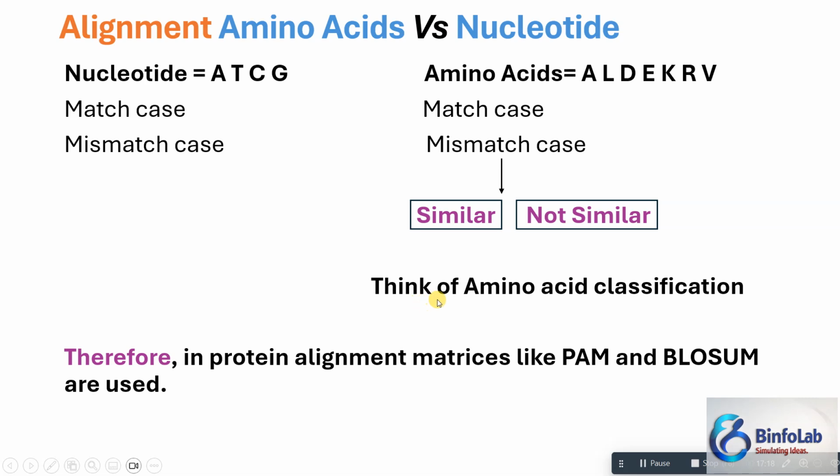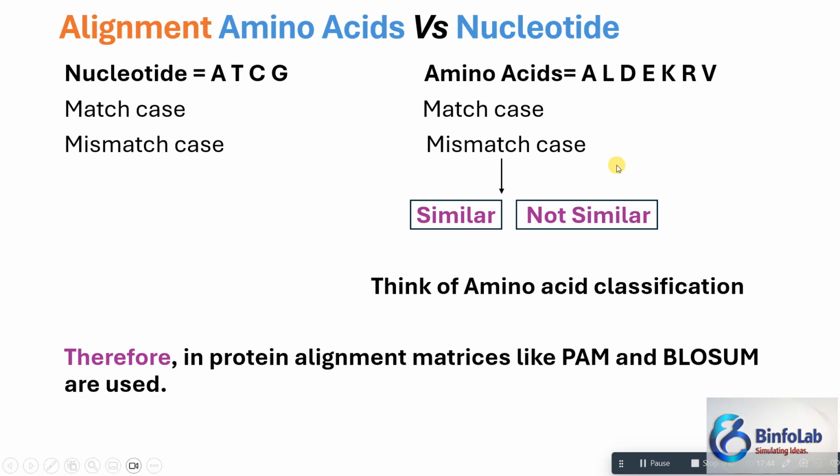So let's think about amino acid classification. Have you ever studied biochemistry or introduction to biochemistry in your course? There was a topic in the chapter on proteins, the classification of amino acids. We will apply that concept here.